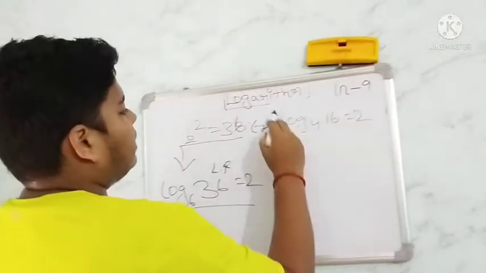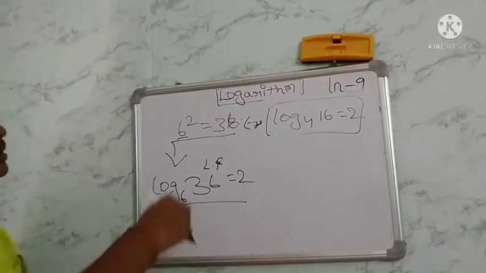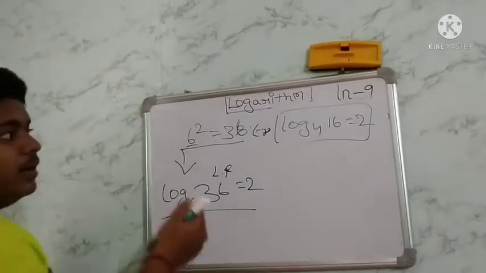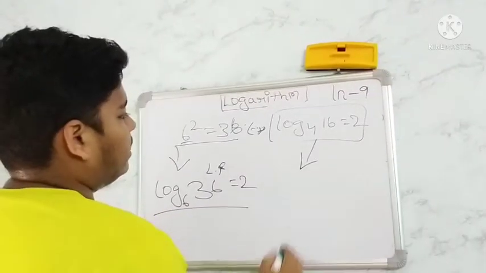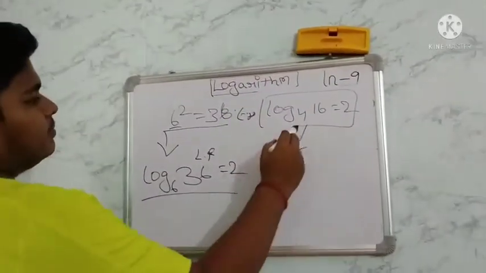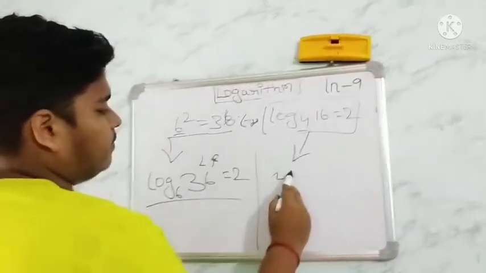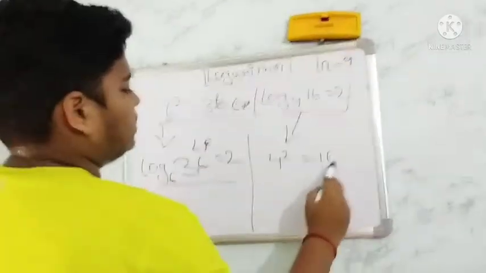Now this is given as logarithm form. We will convert it into exponential form. How will we convert? First we write the base, then the power: 4 square is equal to 16.